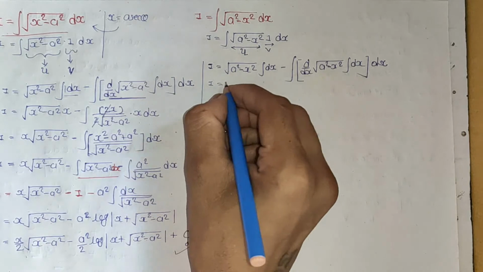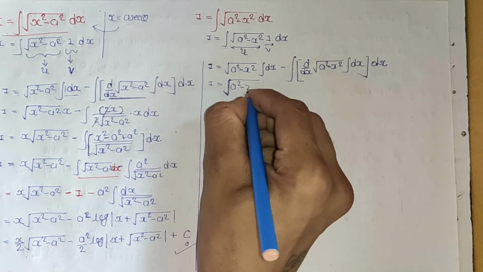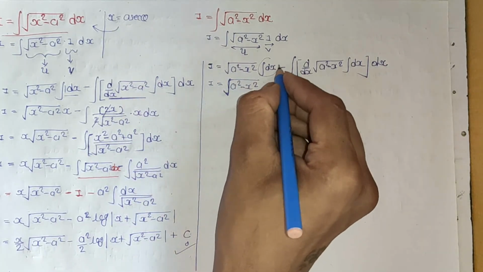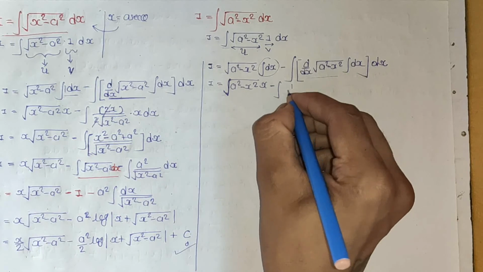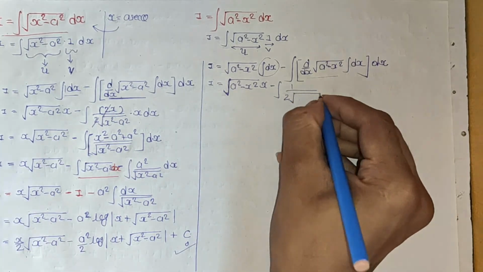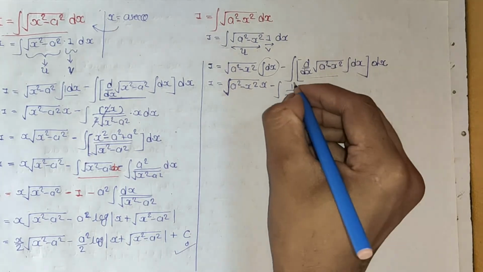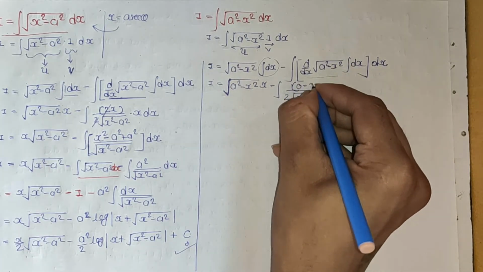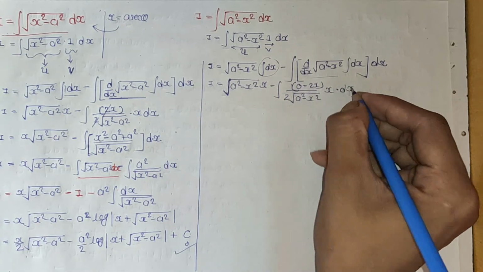I equals square root of a square minus x square times x minus integration, this will be 1 upon 2 square root of a square minus x square, 0 minus 2x, and this x outside dx.